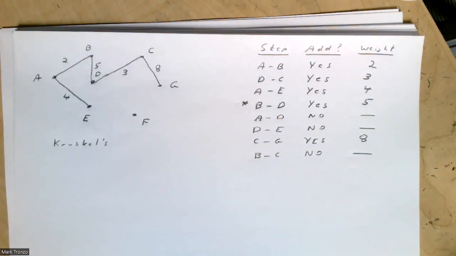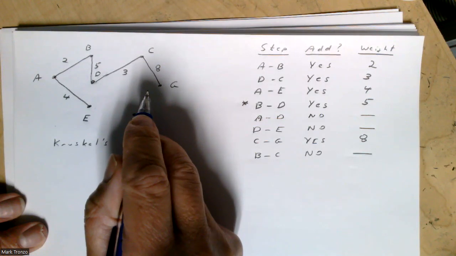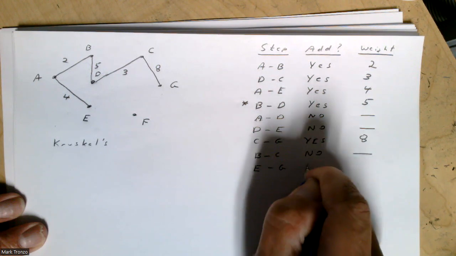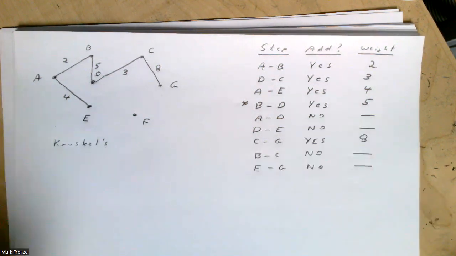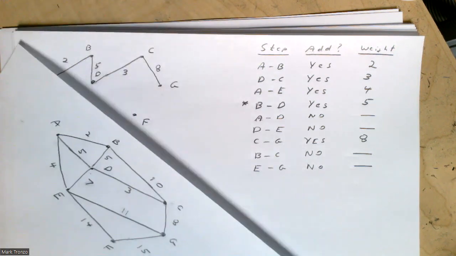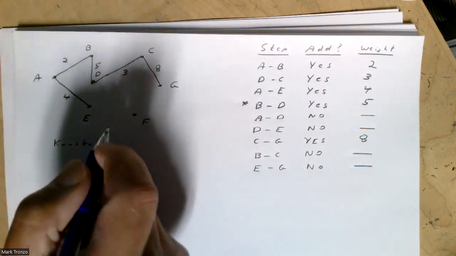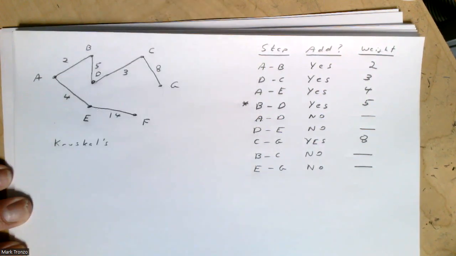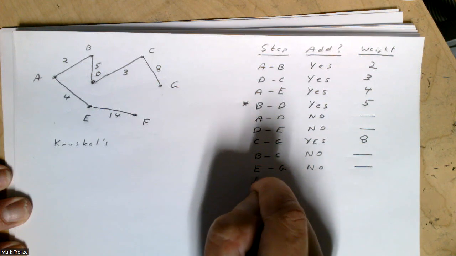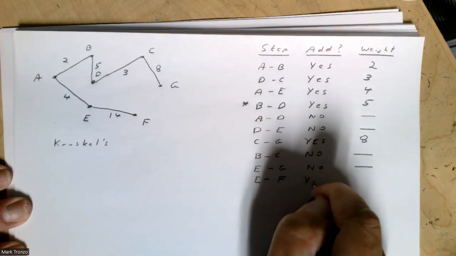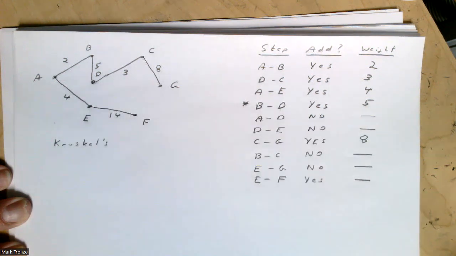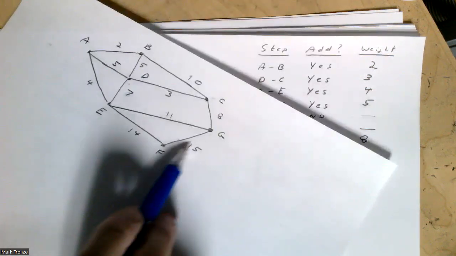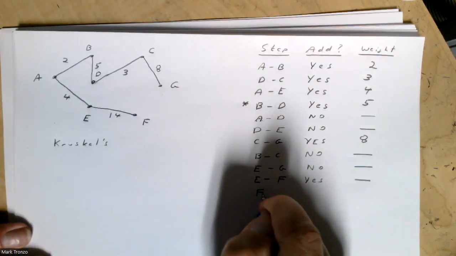So actually, that's a no, because that'll make a circuit. Next one is EF. That one we can add. And then finally, FG is going to be a no. That'll cause a circuit.